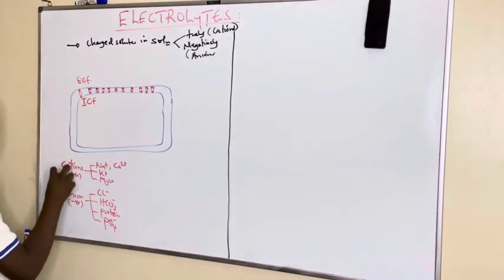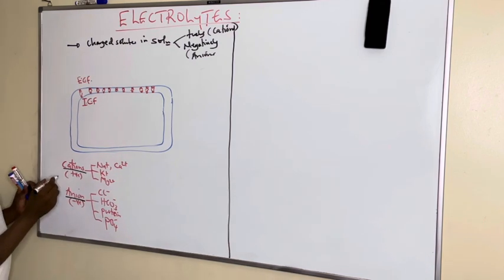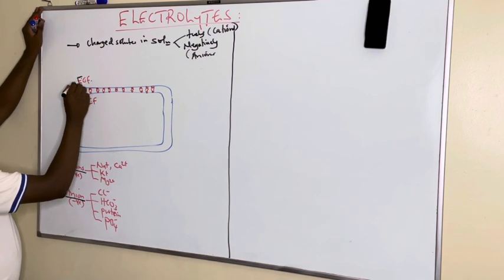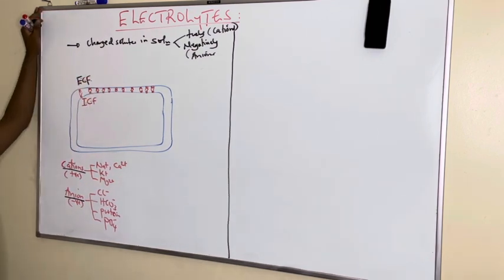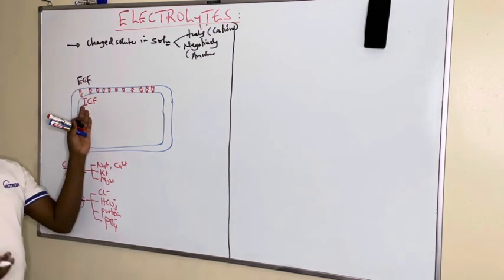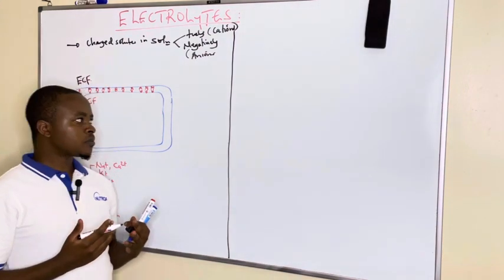Among these cations and anions, we are going to see those found in the extracellular fluid. Extracellular fluid is the fluid outside the cells, whereas intracellular fluid is the fluid inside the cells.